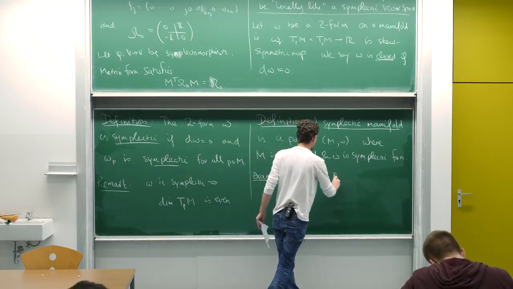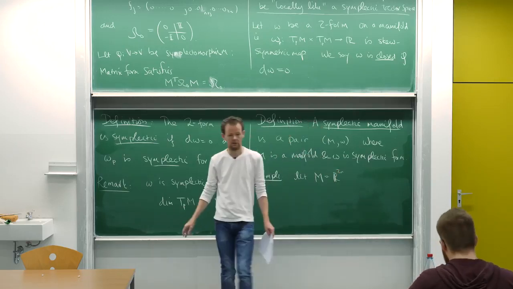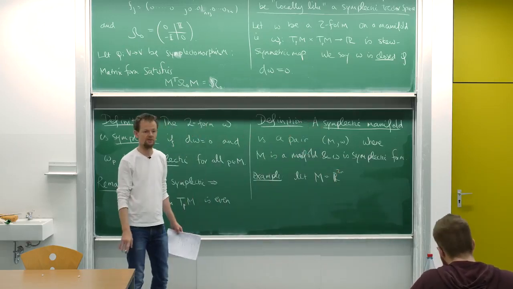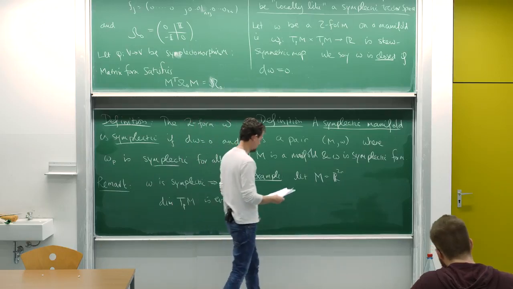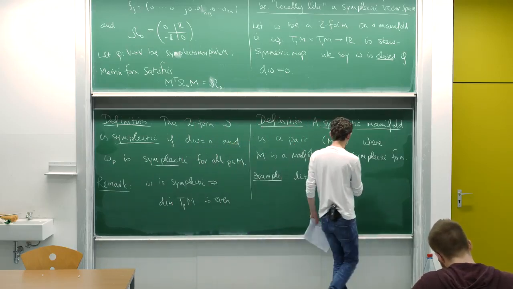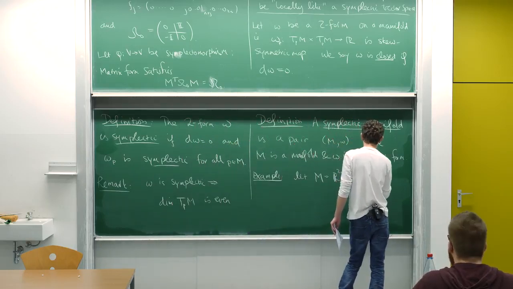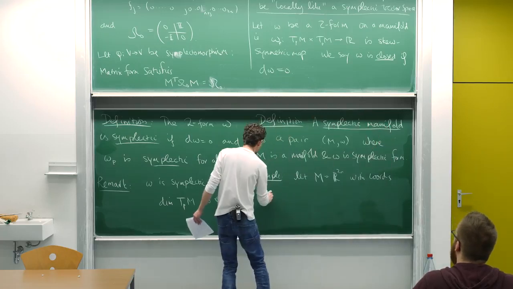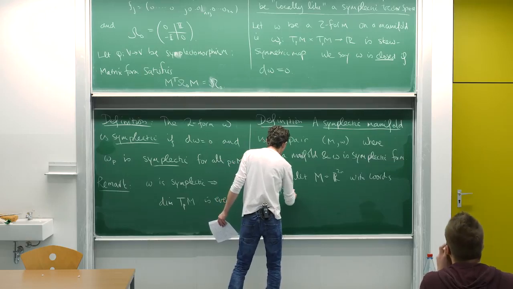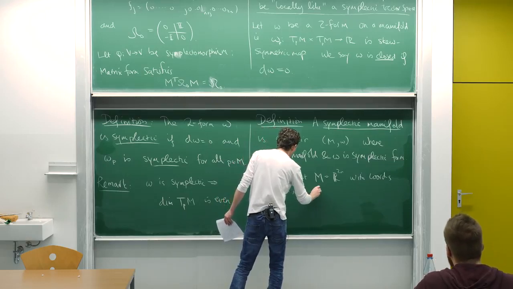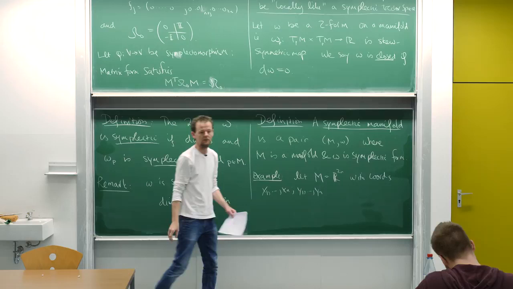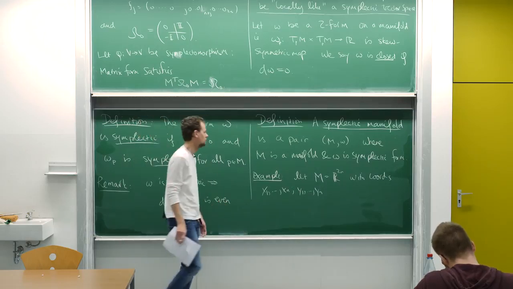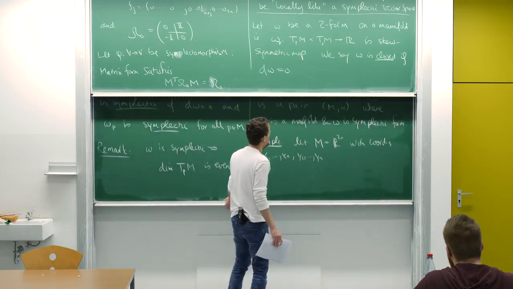So choose the manifold R to the 2n. It's definitely a manifold. It has one chart. And then take coordinates x1 through to xn, y1 through to yn for this very nice flat smooth manifold.